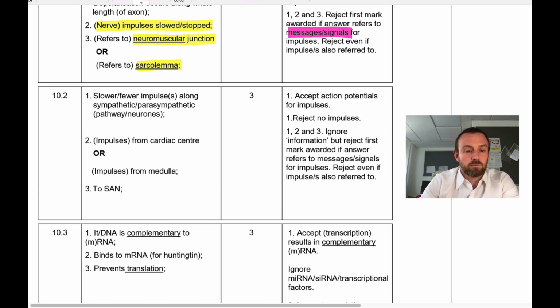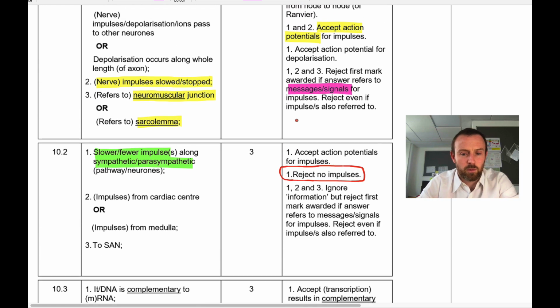I wonder if I would have got this if I'd written it. So sympathetic and parasympathetic, you need to say slower or fewer impulses or fewer action potentials along the sympathetic and parasympathetic neurons. Interesting. It says reject no impulses, which is really weird.